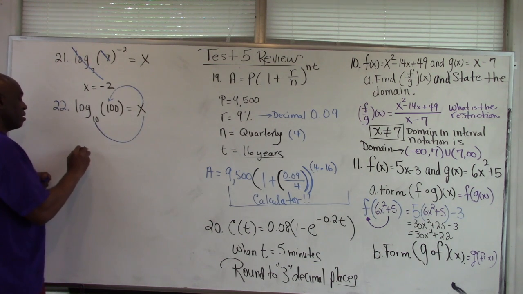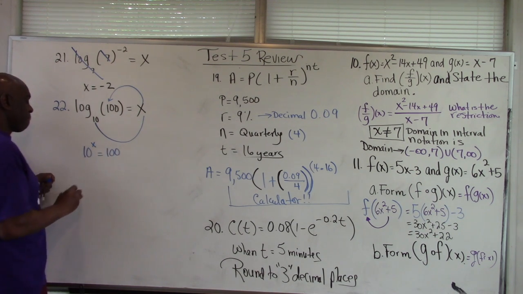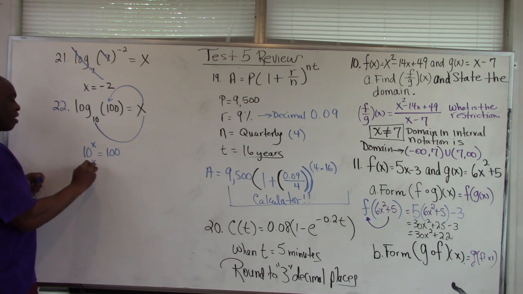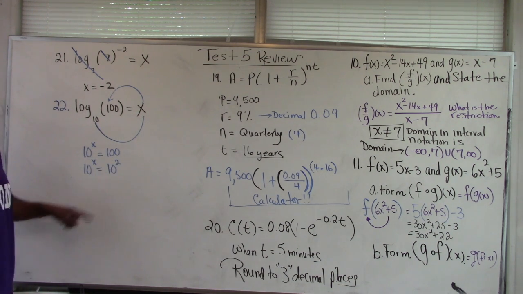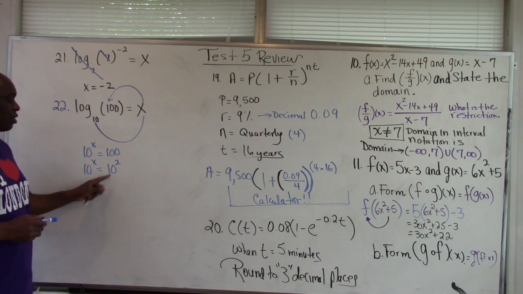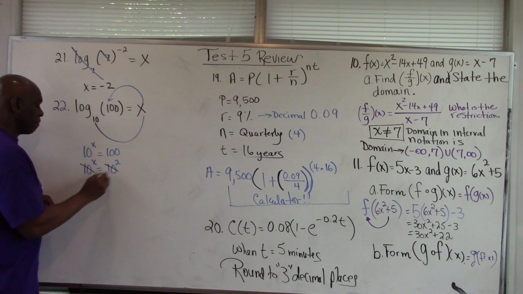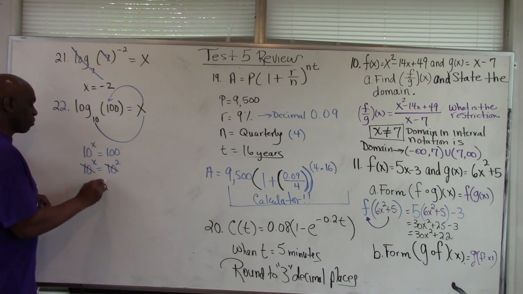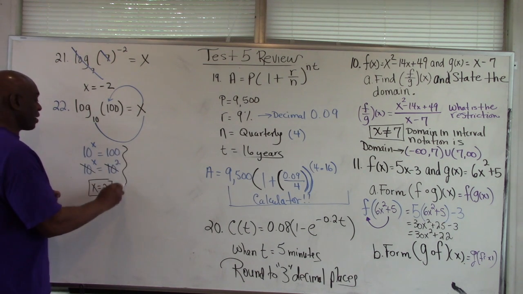So it's going to be 10 to the power of x equals 100. 10 to the power of x equals 10 squared, because 100 is 10 squared. Okay, so 1 and 2 zeros. And so the 10s cancel out, and so x has to equal 2. We're done with that. Or you could have worked it out like this.